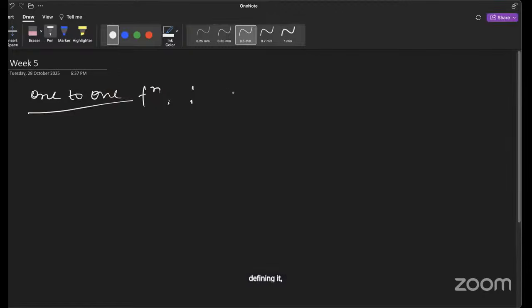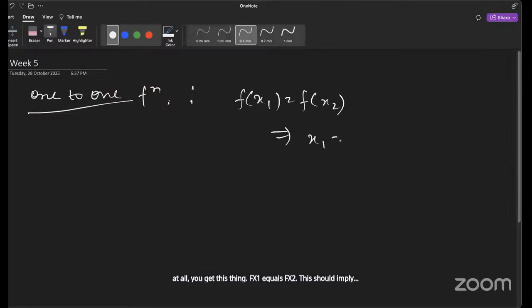Defining it, f is said to be a one-one function if whenever f(x1) equals f(x2), this should imply that x1 equals x2.